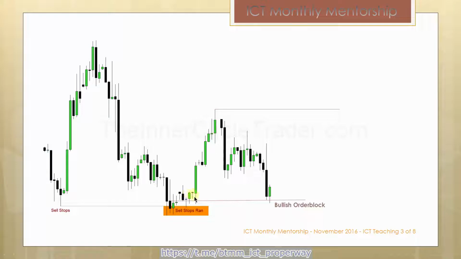So we had a consolidation, accumulation, price explodes, and it reverses up here, and it comes back down to the area where it was bought up again. If we see a willingness to go up, we have to take our position off at logical areas. So we want to see the market run back up into these highs here, run those buy stops above this short-term high, and then ultimately we want to see this high retraded to as well.